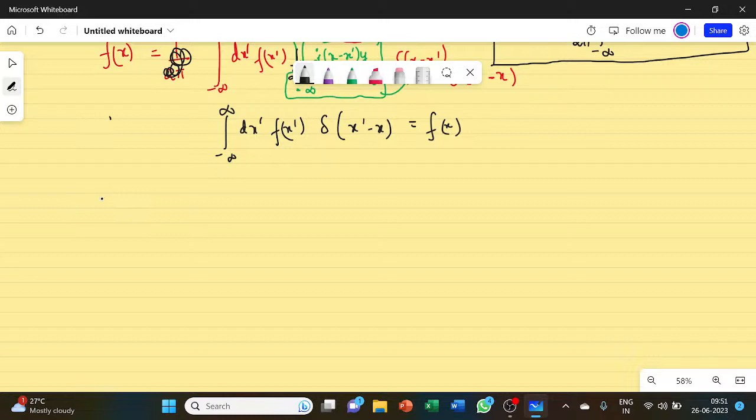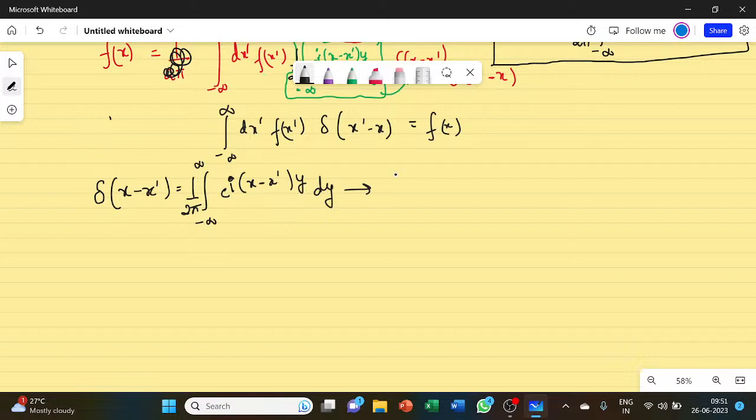The end result, you should remember, is that in any case, Dirac of x minus x naught, or Dirac of x minus x dash, is simply minus infinity to plus infinity. You can write 1 upon 2 pi in front, and then e to the power iota x minus x dash, then y, and then dy.